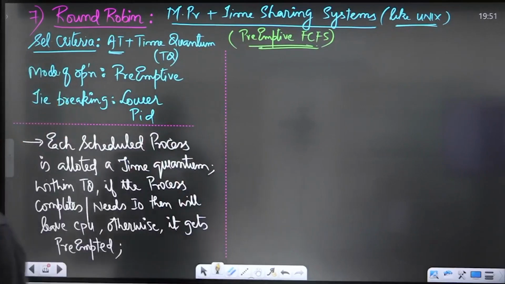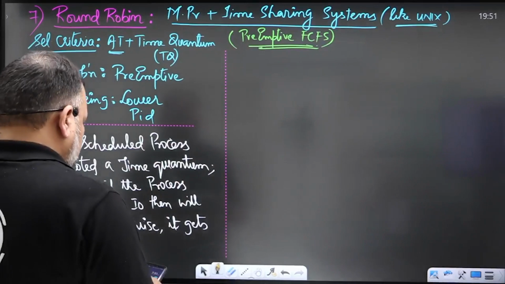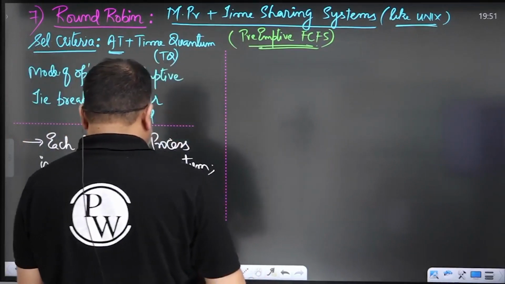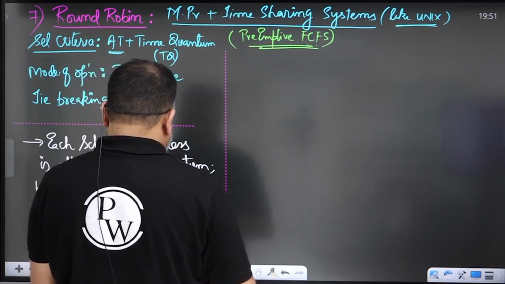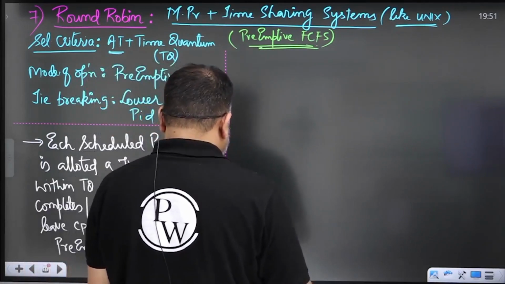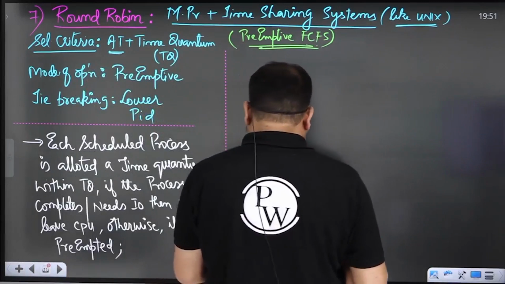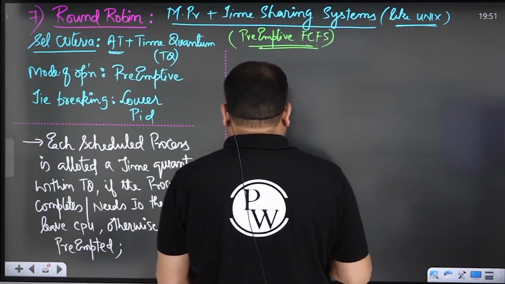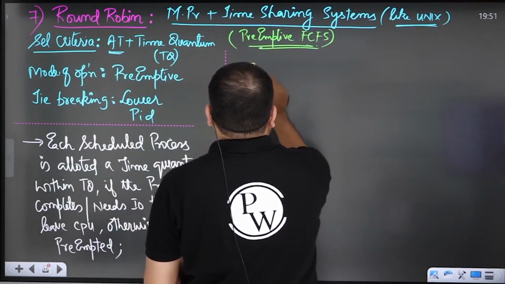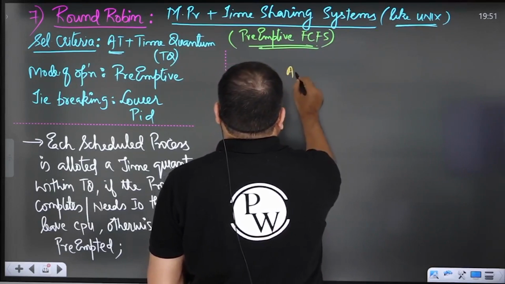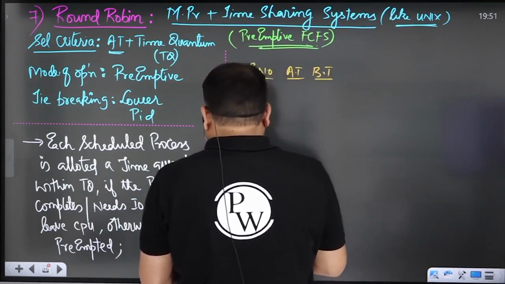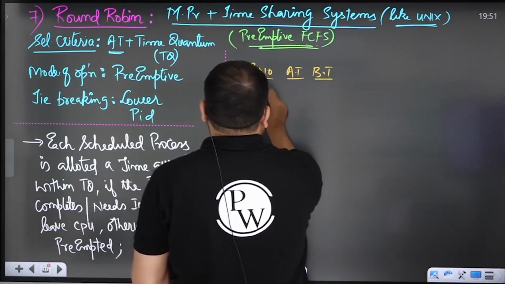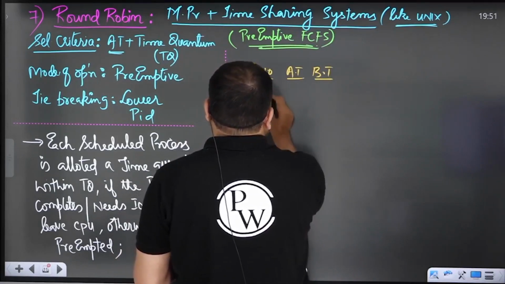So what I will do is give a data set. You work it out first, and then you can compare with my solution. Let's say the following: process number, arrival time, burst time. First I will take a normal data set.